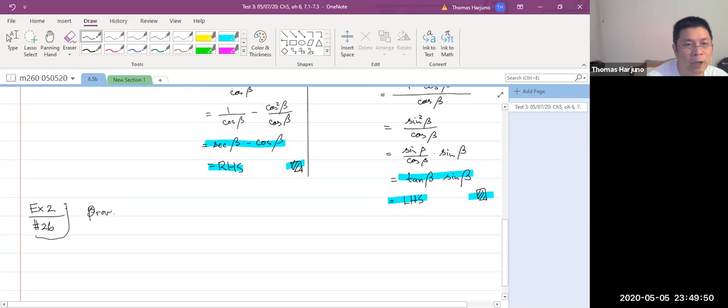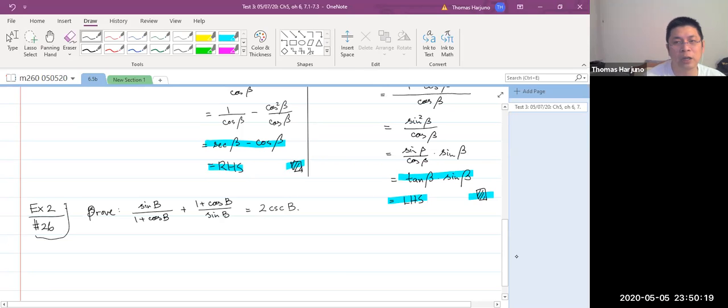Prove that sine B over 1 plus cosine B plus 1 plus cosine B over sine B equals 2 cosecant B.